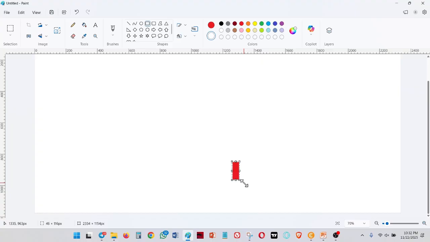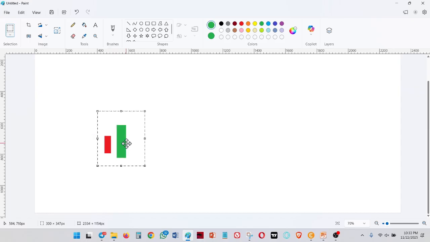Then we should have a bigger green. This one is going to be green, and the color here will also be green. This is the bullish scenario.